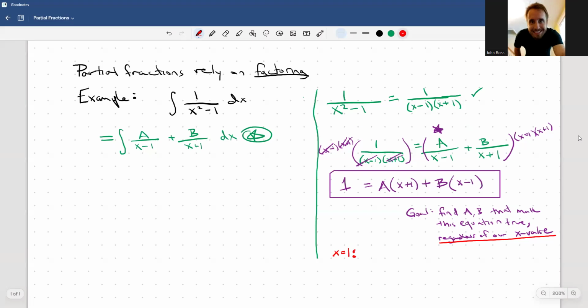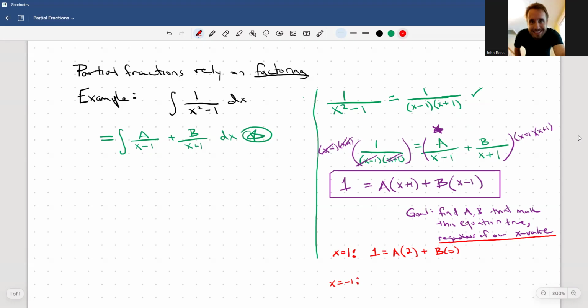We'll see why in just a moment. And at x equals -1, that is also a good value to sub in, and we'll see why here in just a second. So at x equals 1, we get the equation 1 equals A times 1 plus 1 is 2, plus B times 1 minus 1 is 0.